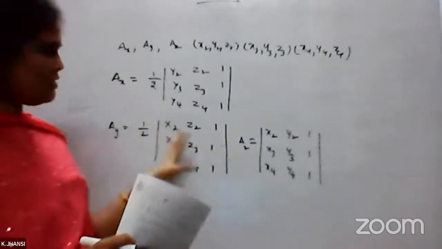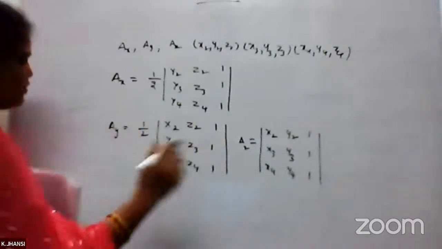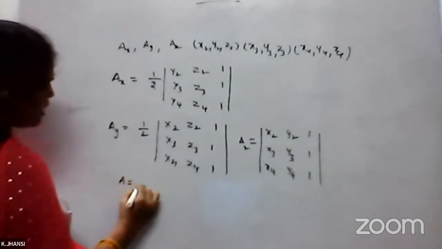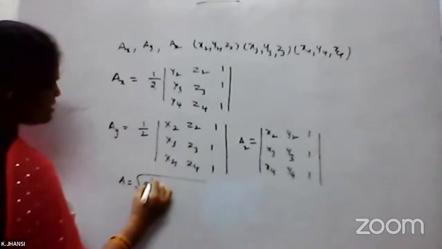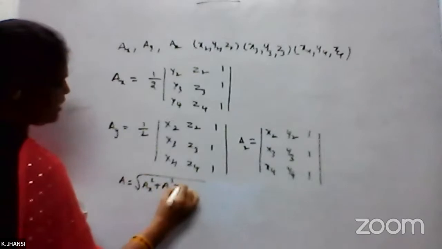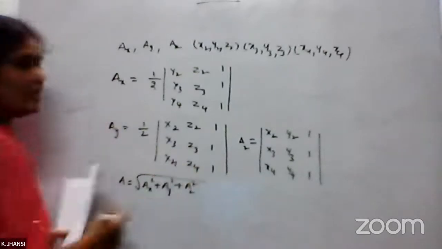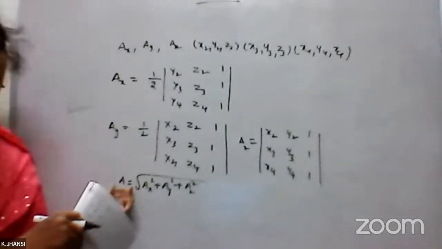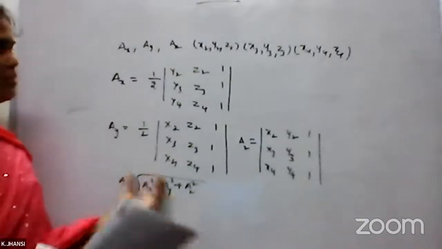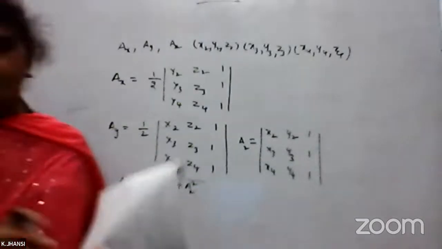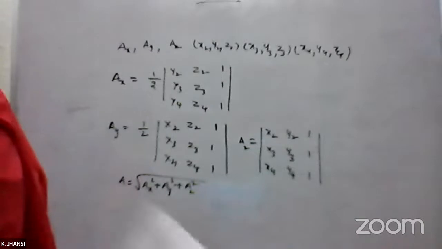If you substitute these values in the formula, A equals under root of AX square plus AY square plus AZ square, then we'll get the area A. Okay, so this is the procedure to find the area of the triangle whose vertices are the given points.